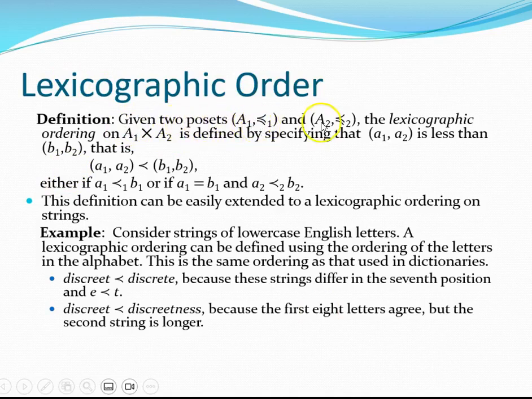Given two posets A1 and A2 with their relations 1 and 2, the lexicographic ordering of the Cartesian product A1 times A2 is defined by specifying that the pair (a1, a2) is less than the pair (b1, b2) either if a1 is less than b1 or if a1 is equal to b1, then a2 is less than b2.